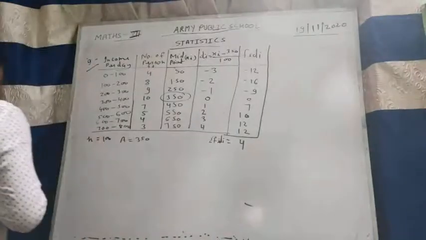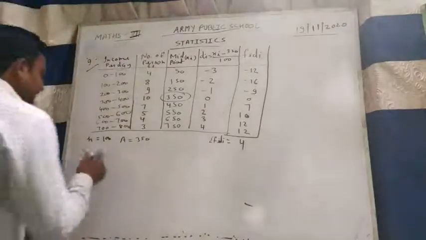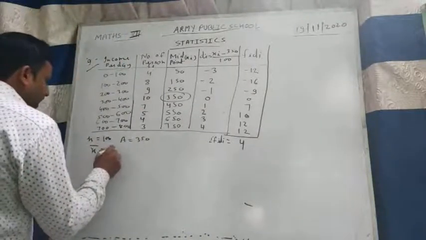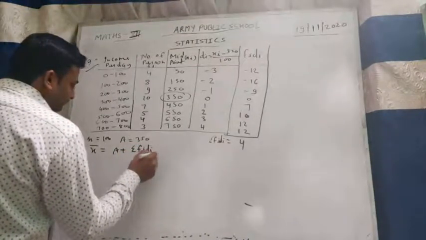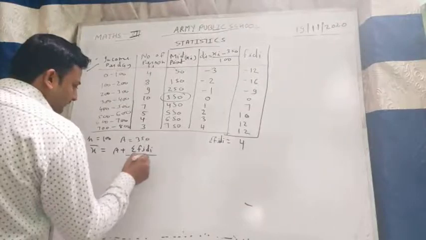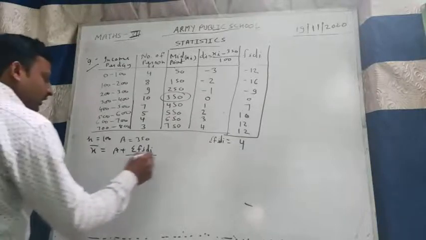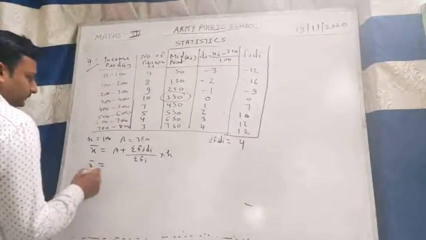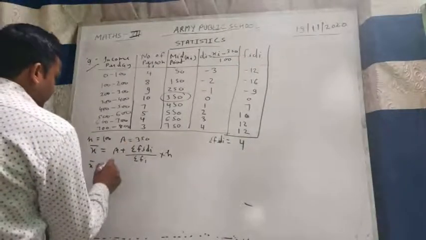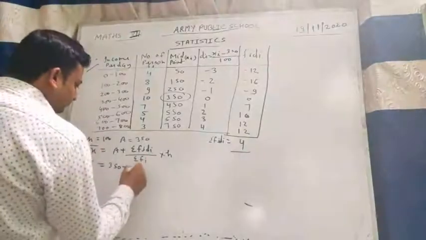Now we will find our mean. Our mean x bar is equal to a plus summation fi di by summation fi, into h. So our x bar will be: a is our assumed mean, 350. Summation fi di is 4.